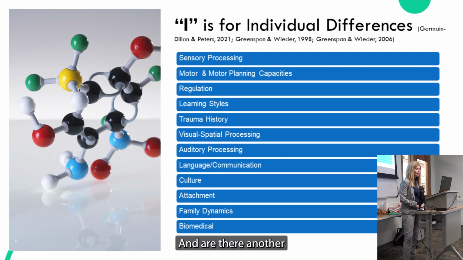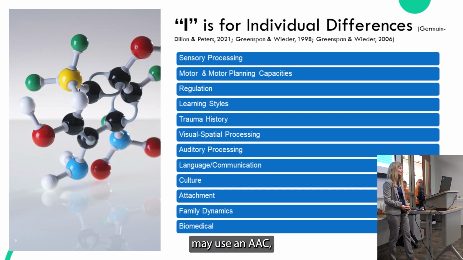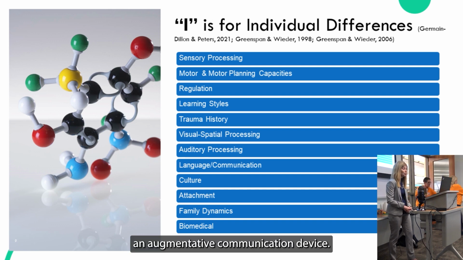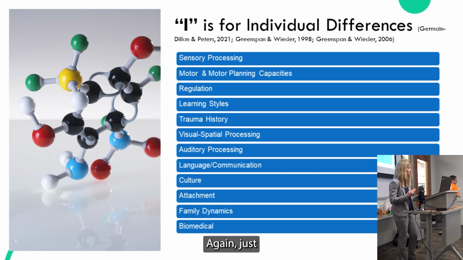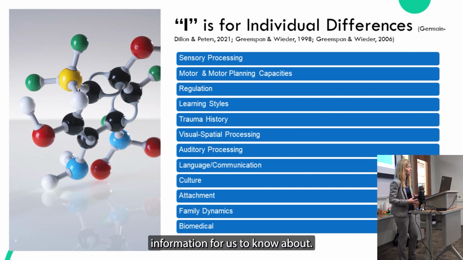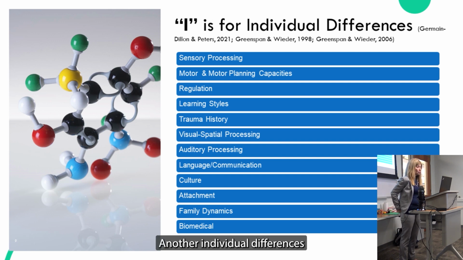Another individual difference is differences in language and communication. Some children and youth may be at the pre-verbal communication level and may use an AAC, an augmentative communication device. Some children may use sign language. Again, just important information for us to know about. There may be cultural differences, and we all have different cultures and religions. Another individual difference is in attachment.